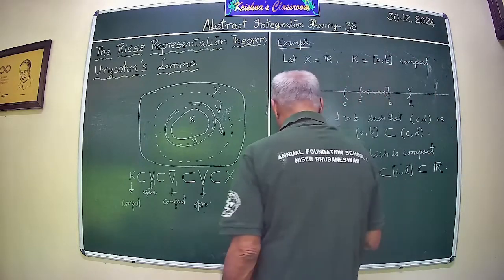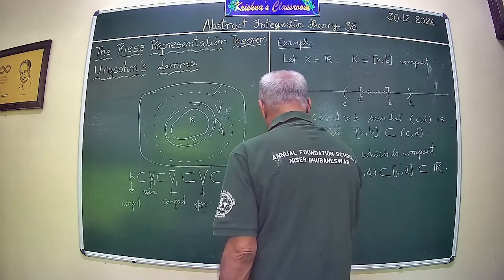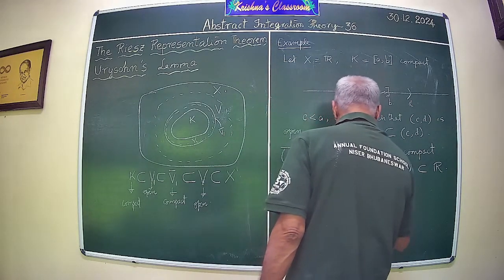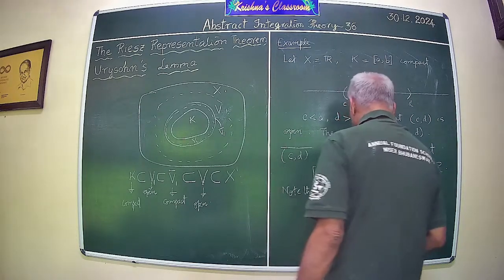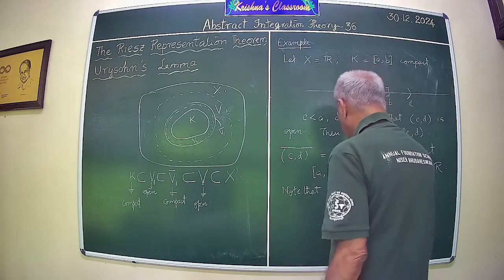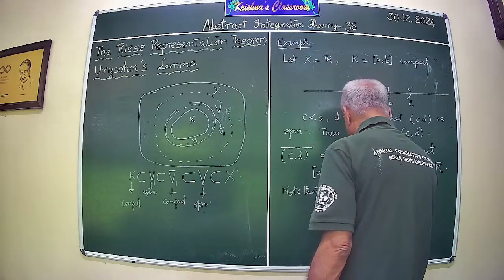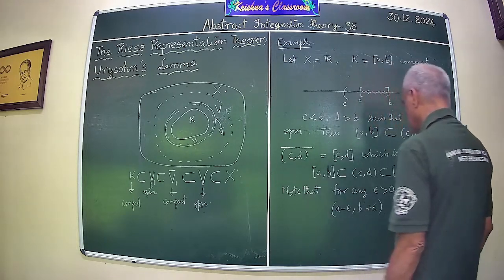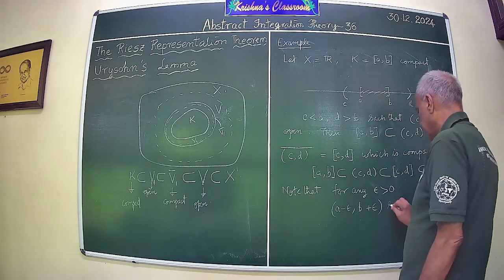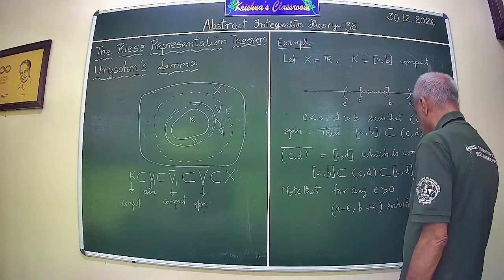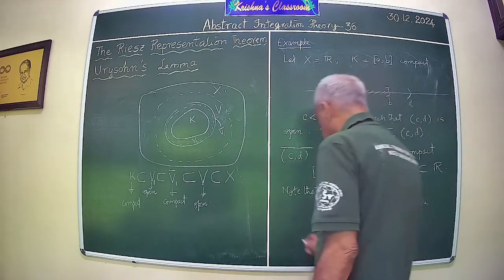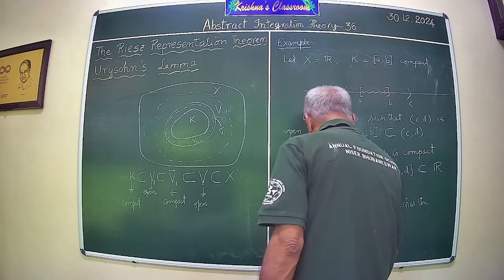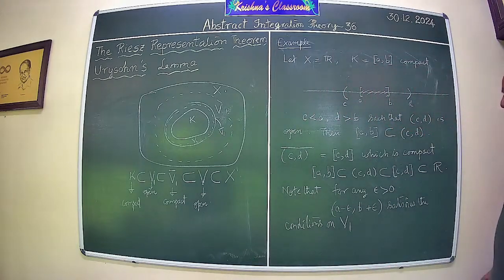Now one can choose, so note that for any epsilon positive, (A minus epsilon, B plus epsilon) satisfies the conditions for V1.